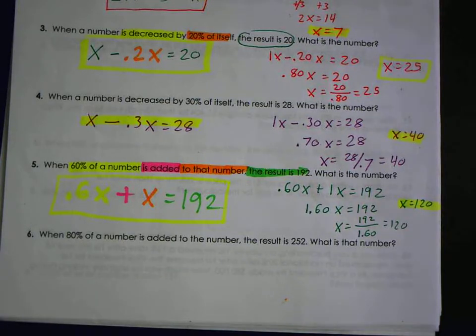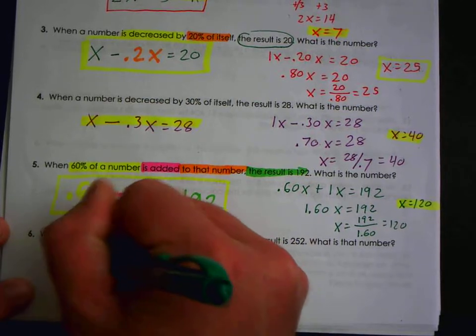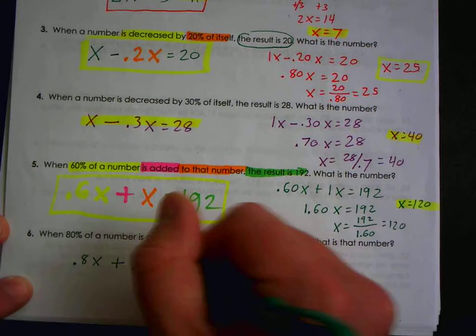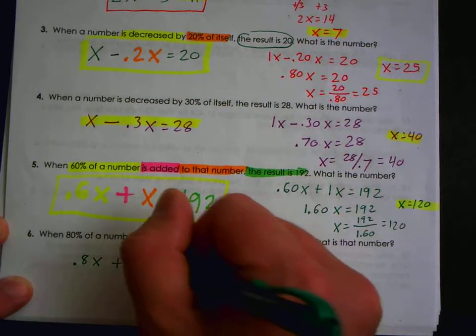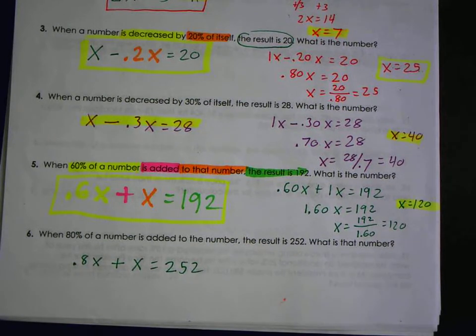Okay, the next one is just like this one. When 80% of a number is added to that number, the result is 252. Right? Same exact problem, just different words. Different numbers.